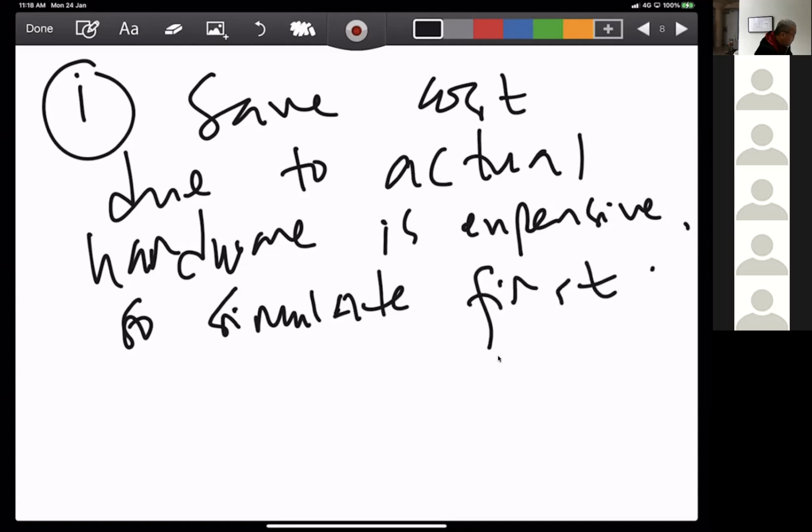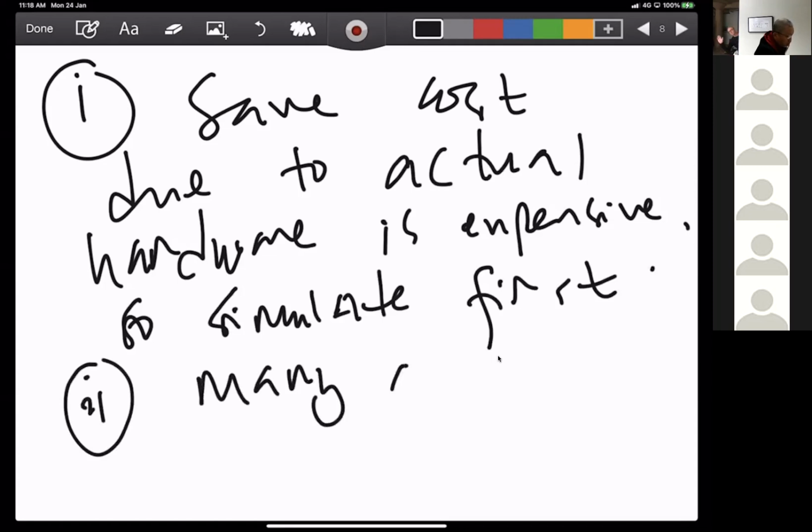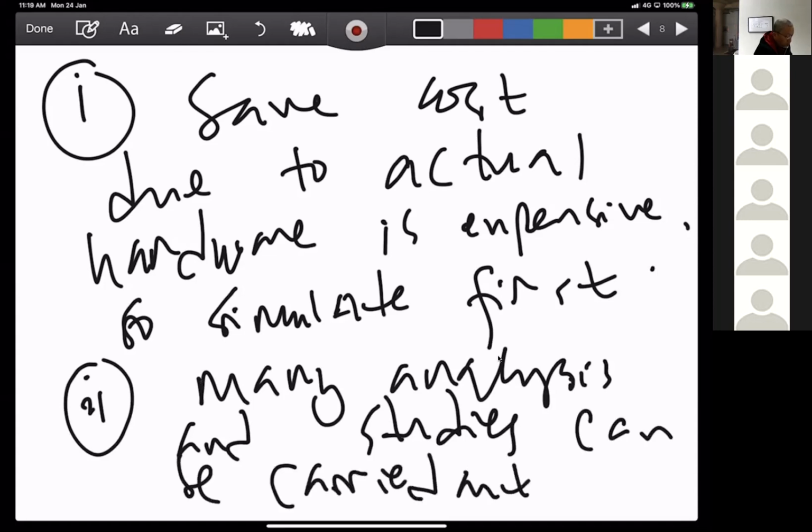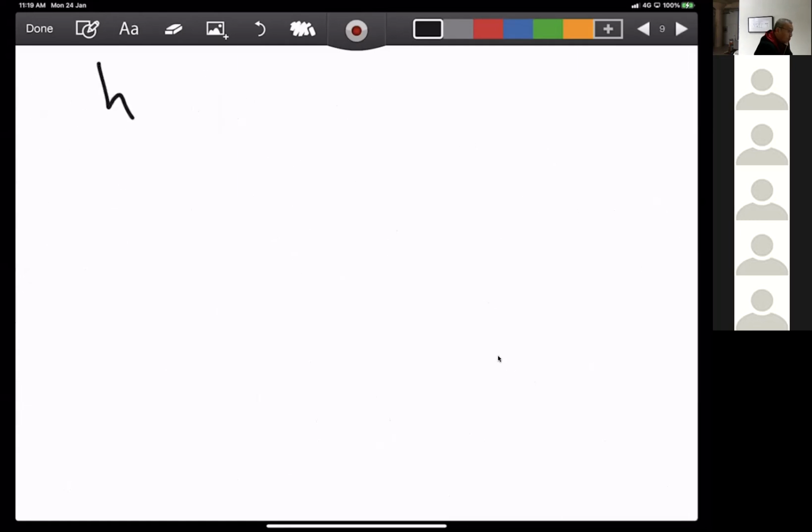Number 2. Many analysis and studies can be carried out before hardware design.